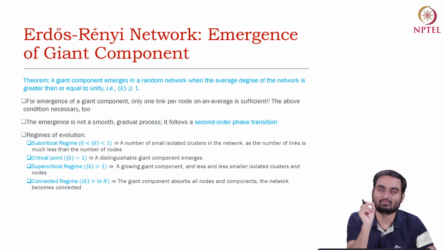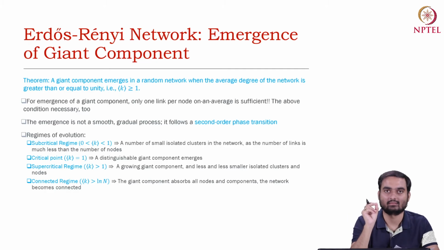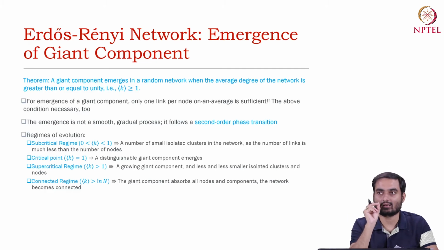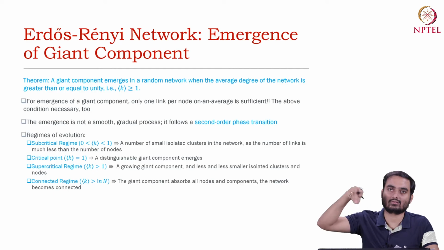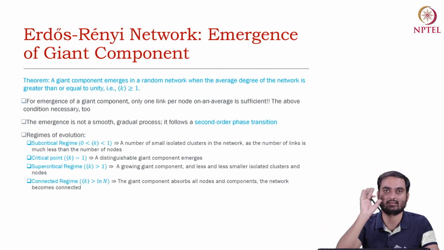Can we come up with some relation, either in terms of degree or number of edges, based on which we can say that after this many edges, or after this average degree, we will see a giant component? Initially all the n nodes are disconnected.